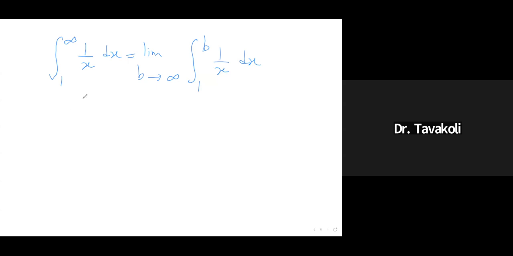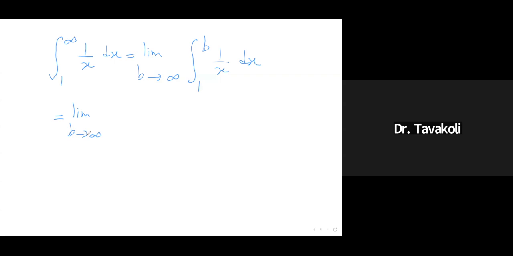So for now, we don't apply the limit. We just calculate that definite integral from 1 to b. And after that, the expression that we get will be in terms of b, and then we let b tend to infinity. Do you remember what was the antiderivative of 1 over x?